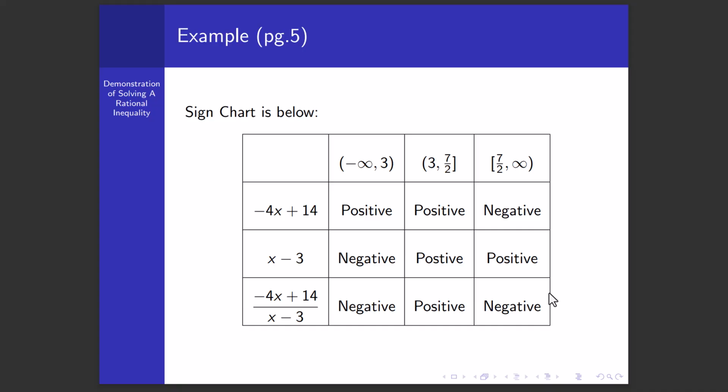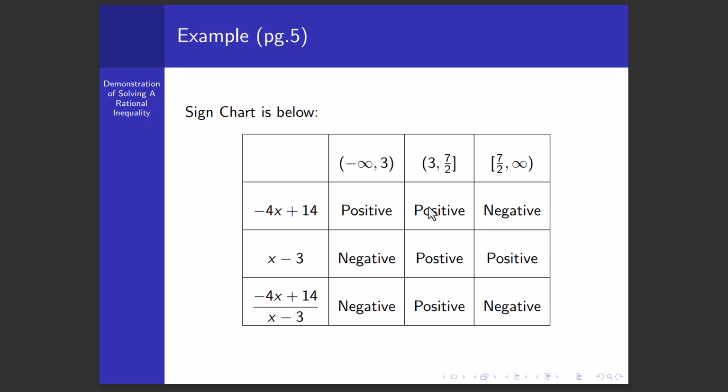For those of you that prefer a more calculation style determination of signs, here is a sign chart. Notice that my intervals are divided up where my critical numbers are. That is at 3 and 7/2. The numerator, negative 4x plus 14, will be positive from negative infinity to 3.